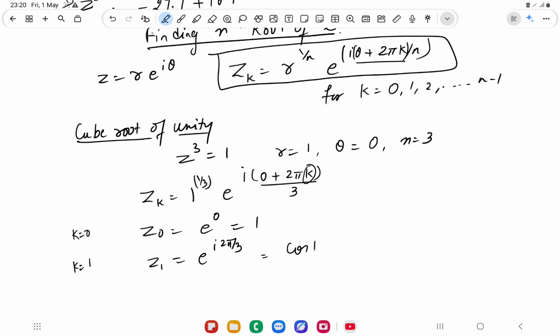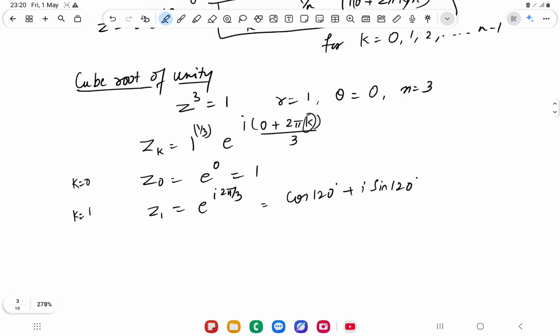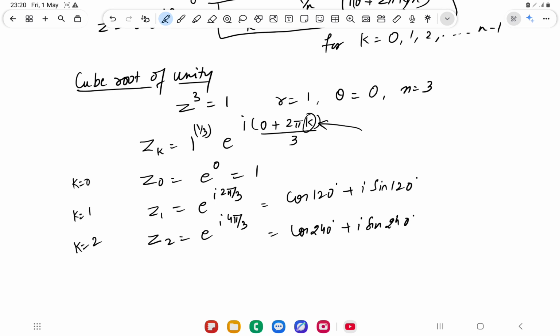So I can write this as cos 120 plus i sin 120, and you can use your GDC to solve it further. And the third root will be e to the power i 4 pi by 3, again replacing k here as 2, which is nothing but cos 240 plus i sin 240.